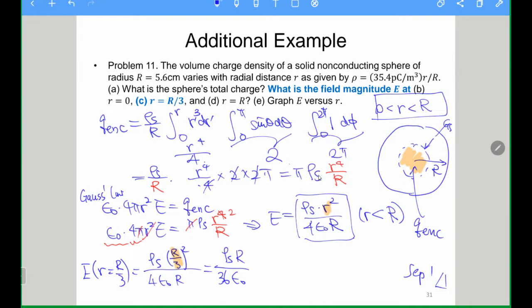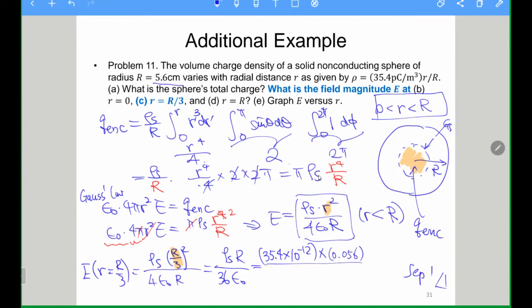Okay, so here we can just substitute the numbers. Rho s is this one, 35.4 pico, and pico is 10 to the minus 12. I asked you to remember the scientific prefixes before. And then R is 5.6 centimeters. Change it to SI units, which is 0.056 meter.